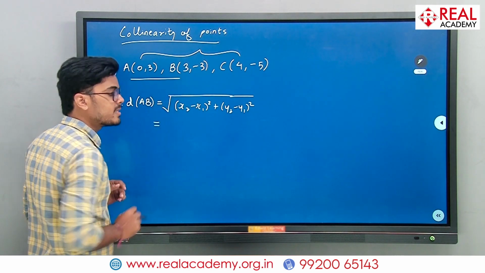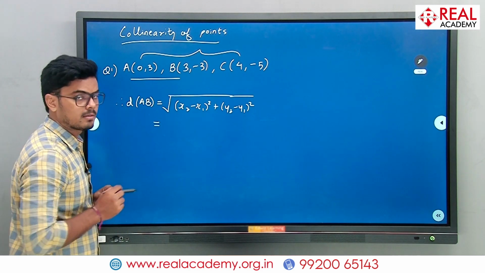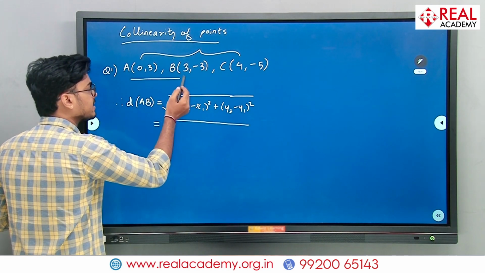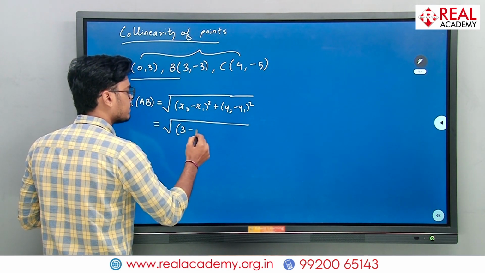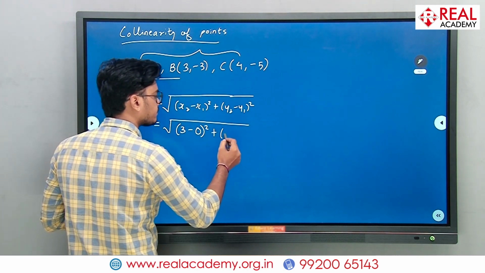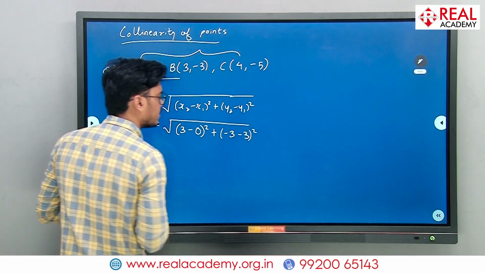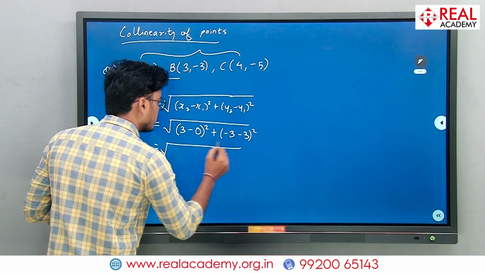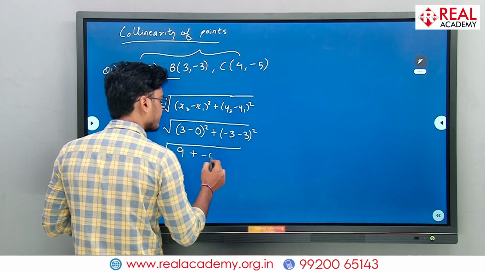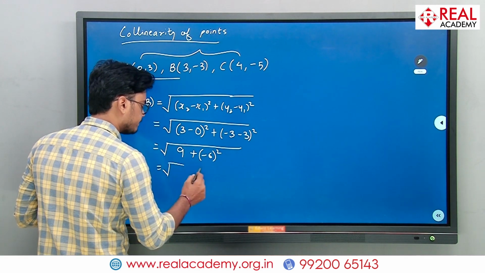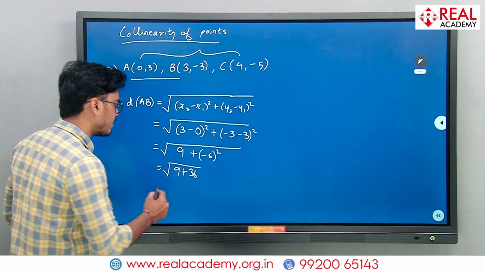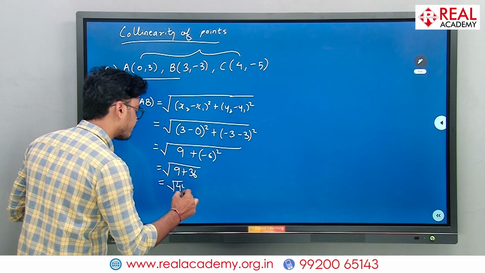If I consider this x1, y1 and this x2, y2, so square root of (3 minus 0) the whole square plus (minus 3 minus 3) the whole square. So this is equal to square root of 9 plus minus 6 squared, which is 36. 9 plus 36 gives square root of 45.